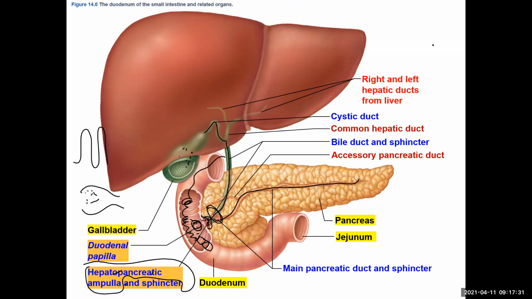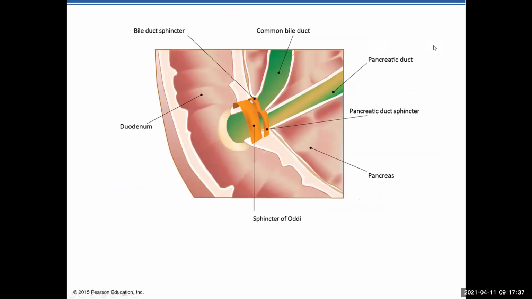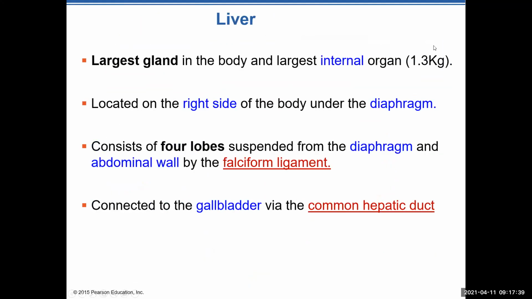And now the liver. The liver is also an accessory organ, isn't it? It is the largest gland of the body, with more than 300 functions. We are not worried about the other functions. We are worried here about the digestive functions of the liver.